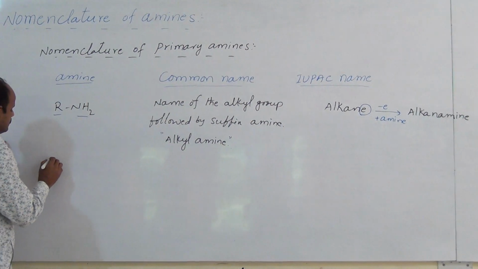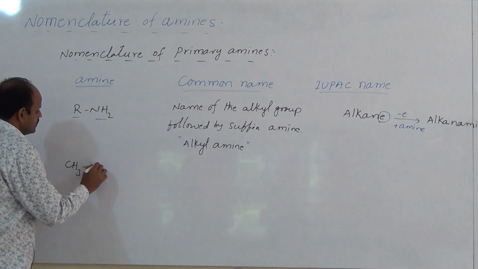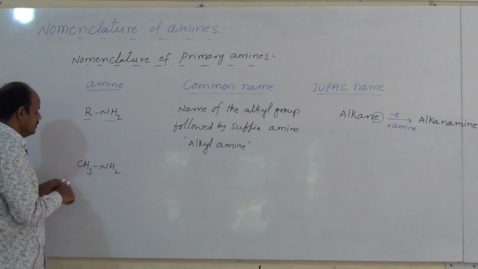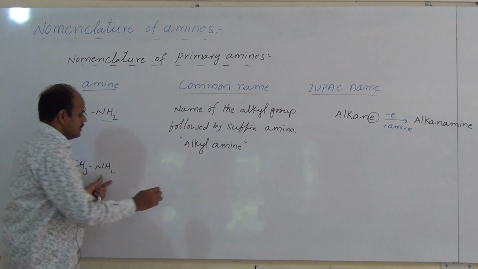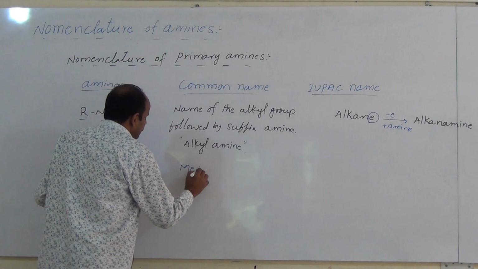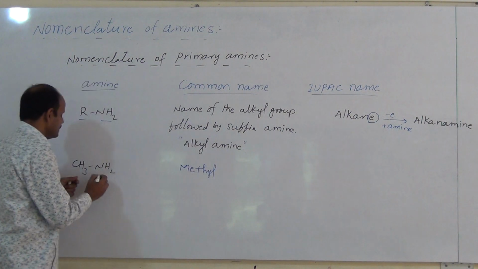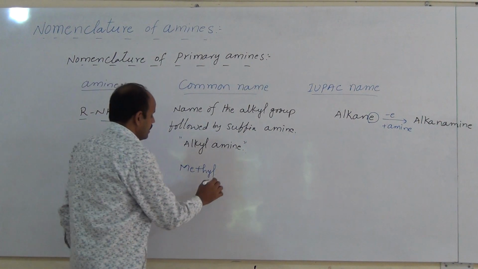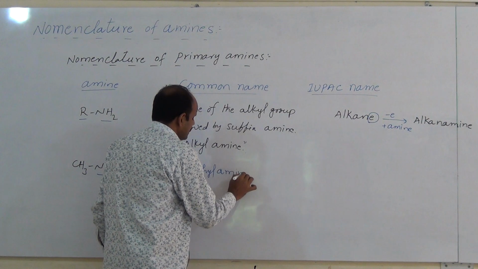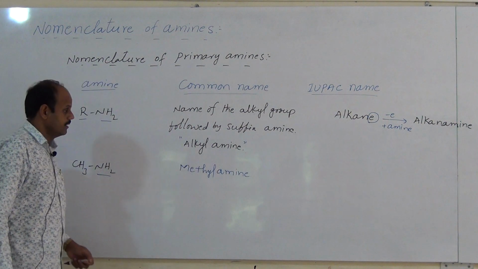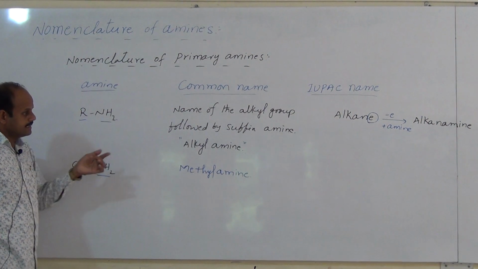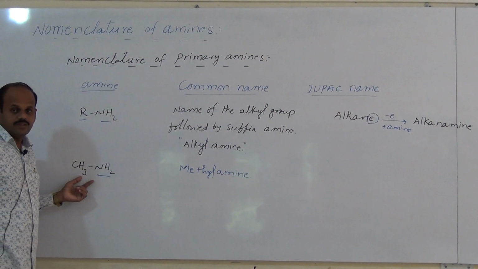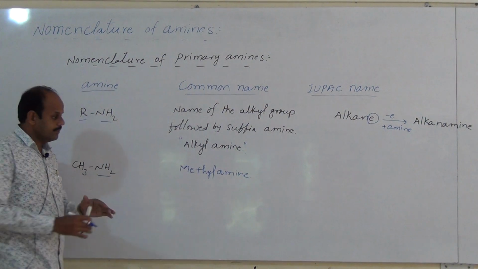First one here, CH3NH2. What is the alkyl group? Methyl group. So here methyl, and NH2 means amine. Thus methylamine is the common name. Then for the IUPAC name, this alkyl group should be written as alkane.